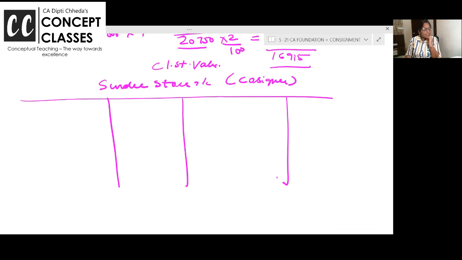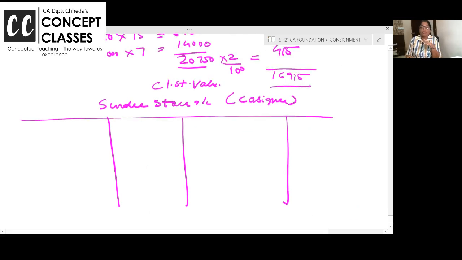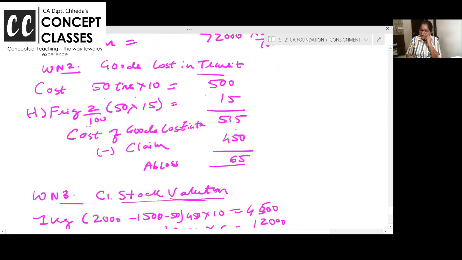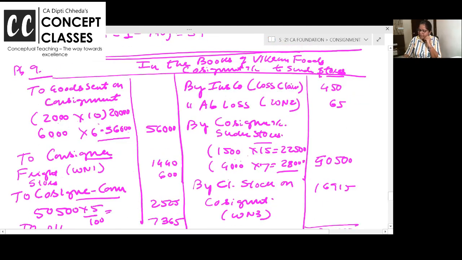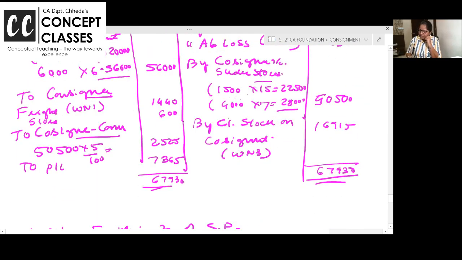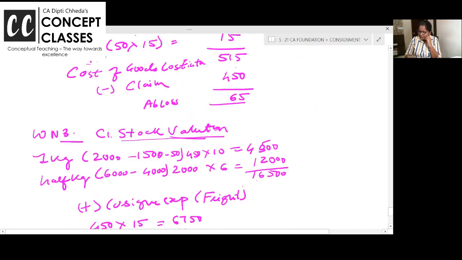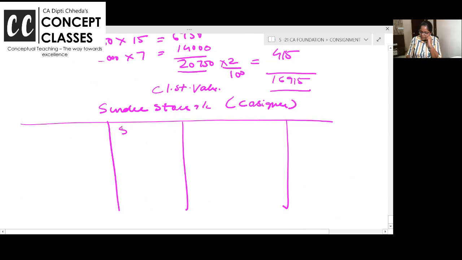The first entry he will record is when he's selling the goods because he's liable to pay now. So when we have sold the goods, look at this on the credit side. 50,500 to consignment sales. And we have sent the goods to pay freight.